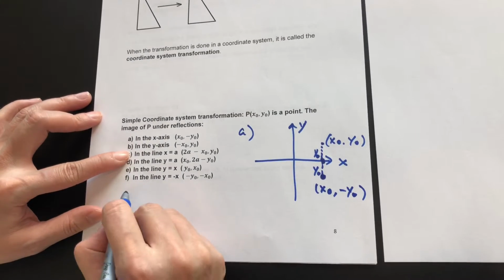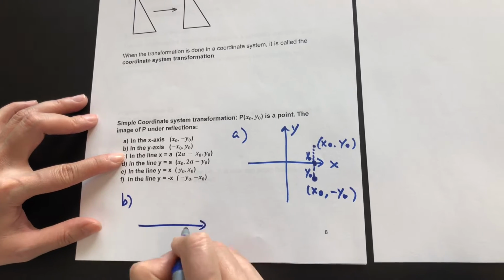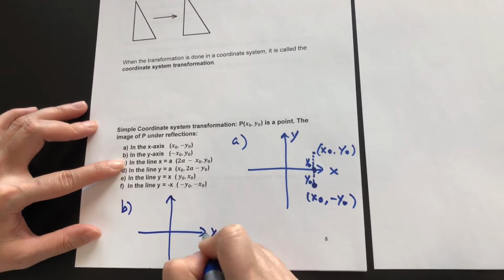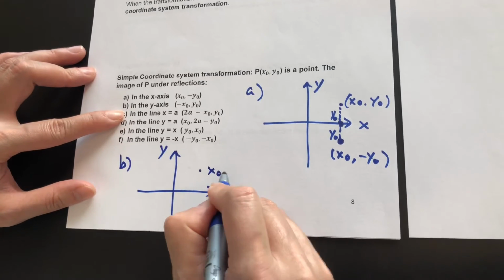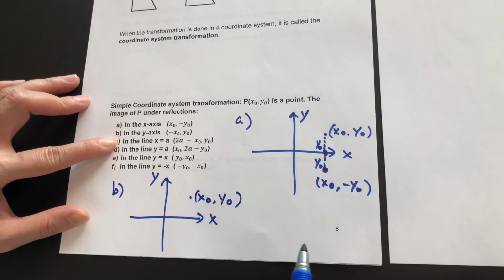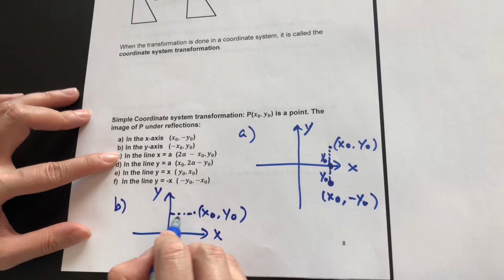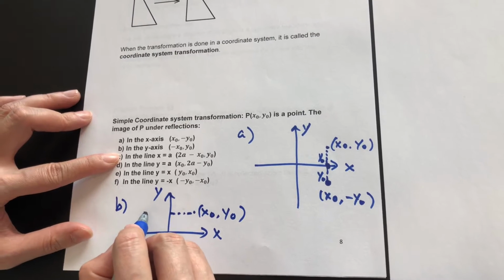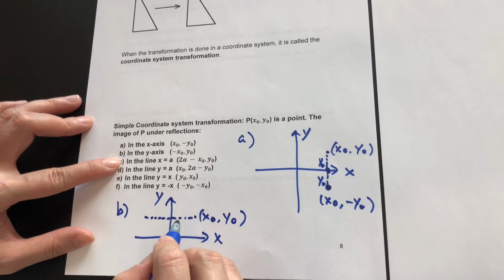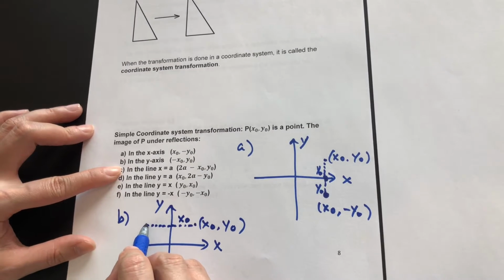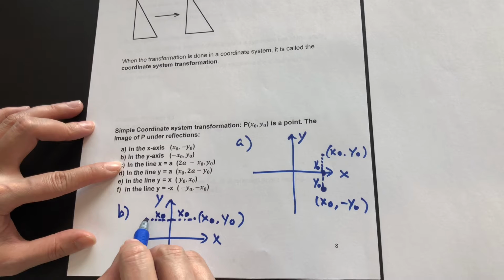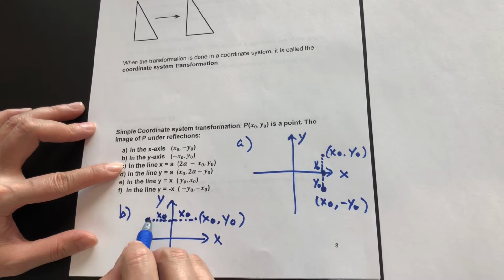Part B is similar, but now the mirror line, instead of the x-axis, is the y-axis. Same way, you draw a perpendicular line to the mirror line, and this distance is x0. You need to find the same distance on the other side, another x0, to find the mirror point for x0, y0.